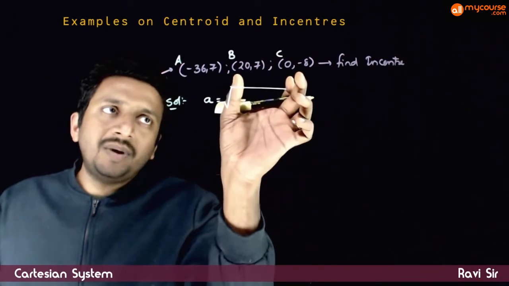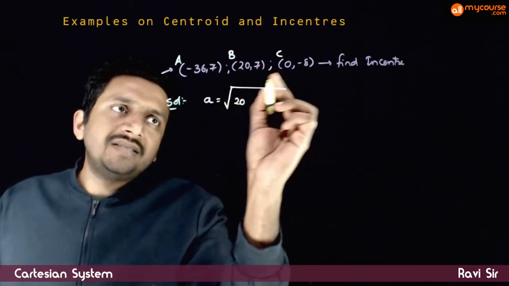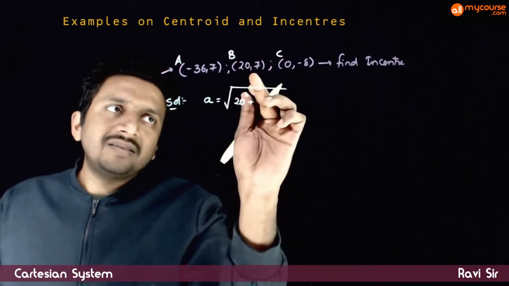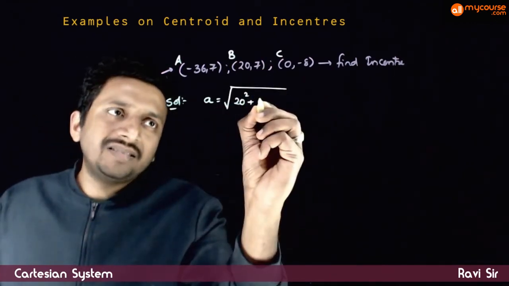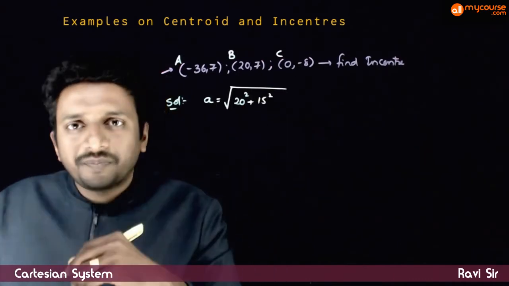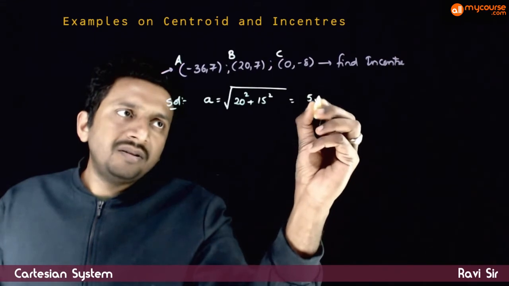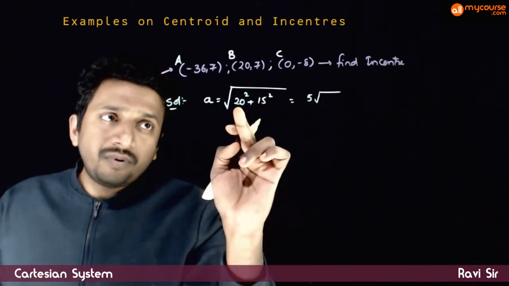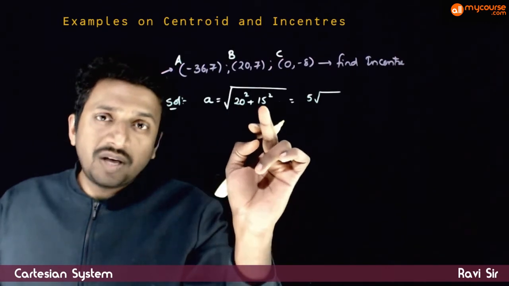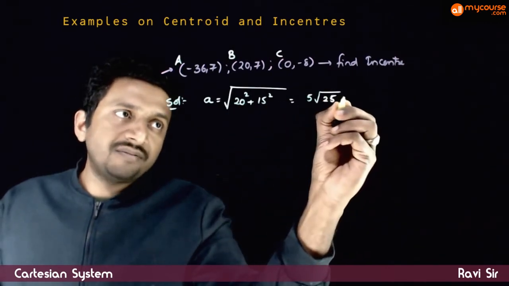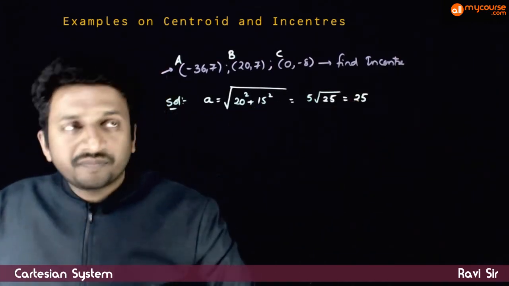Small a is the distance between B and C. That is root of 20 minus 0, 20 square, plus 7 minus of minus 8 is 7 plus 8, that is 15 square. If you take 5 common, you get root of 5 square times 4 square plus 3 square, that is 25. So 5 into 5 is 25.